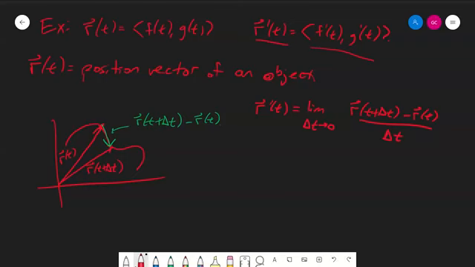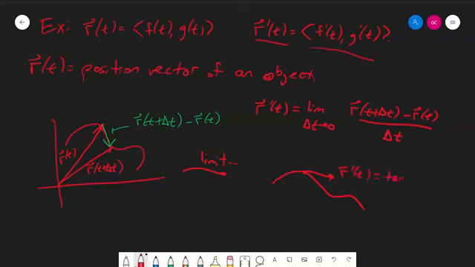So what's going to happen is that you're going to basically take these two points on this curve and bring them closer and closer together. And then you end up with a vector that has a certain direction, and that direction is going to end up being tangent to the curve. So in the limit, when you look at the derivative of r at this point, say, then you're going to get a vector that looks something like this.